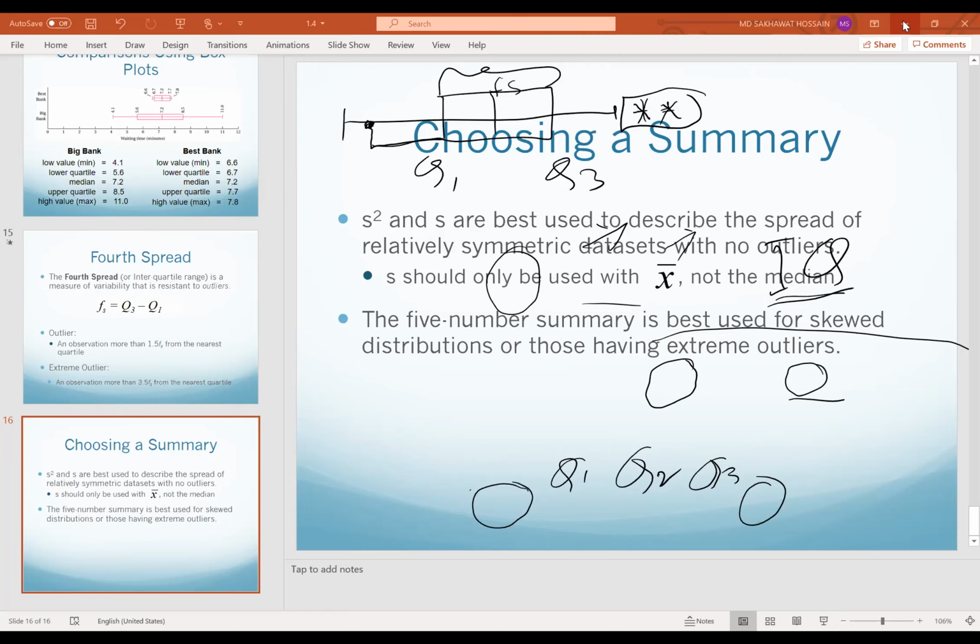Section 2.3 is about counting techniques, but we are not going to cover this section in this course. In section 2.4, we'll discuss conditional probability, and section 2.5 is about independence of events, which is also important for calculating conditional probability.